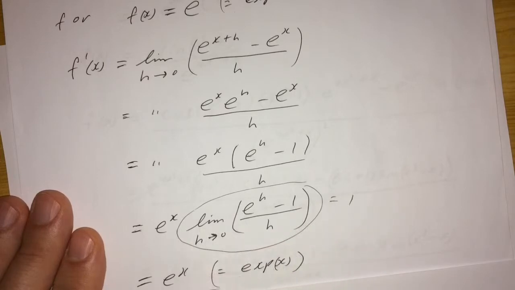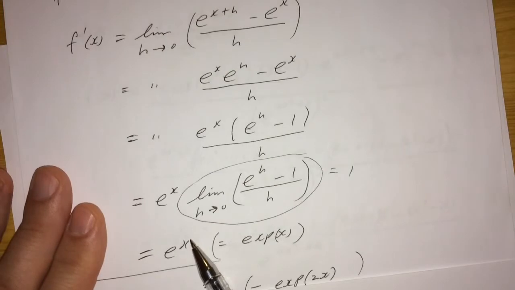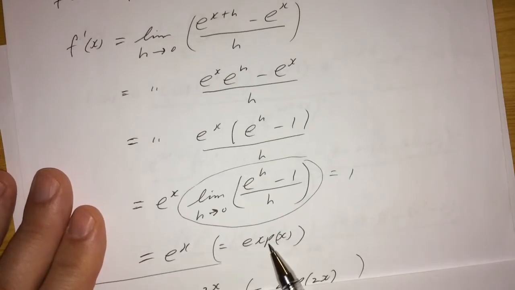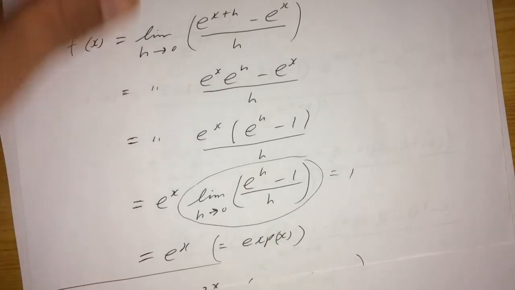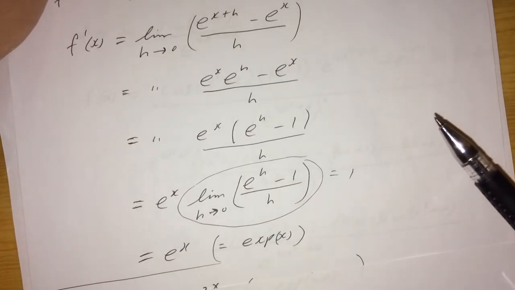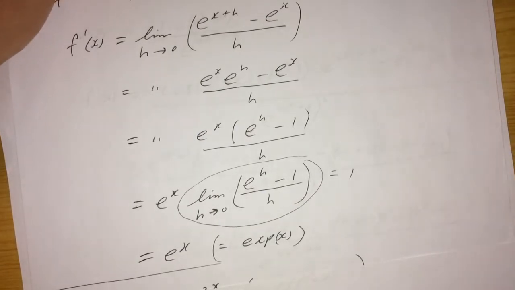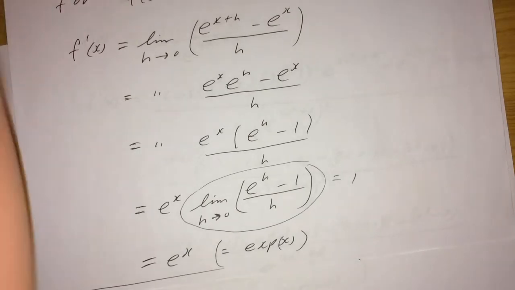So 1 times e to the x is just e to the x. We can also write that as exp of x. So the derivative of e to the x is e to the x. That is really convenient: the derivative of e to the x is itself, so the slope of the tangents of e to the x are itself.